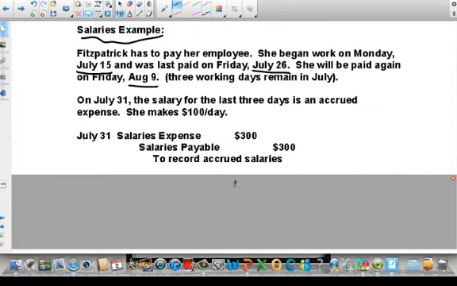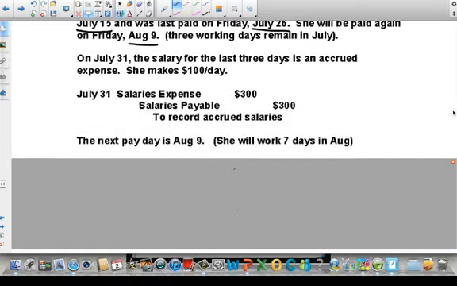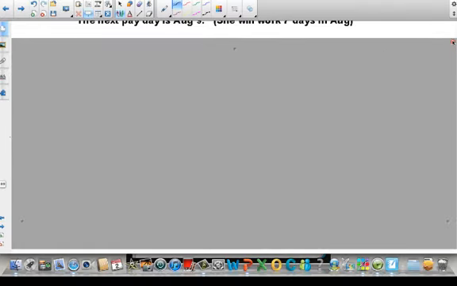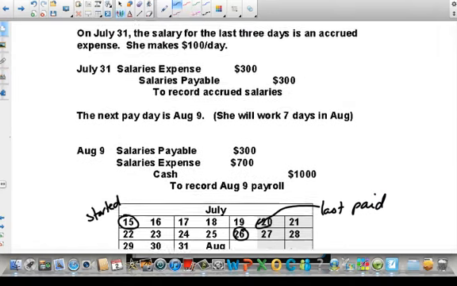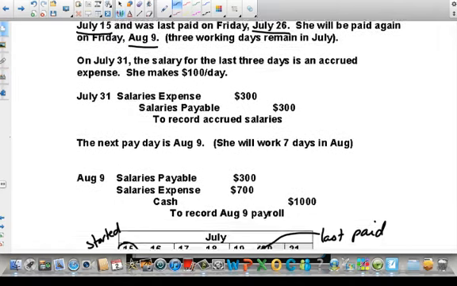I have a calendar down here. It's really important. I encourage you to look at a calendar. So she started work on July 15th. She was last paid on the 26th. And she'll be paid again on August 9th.